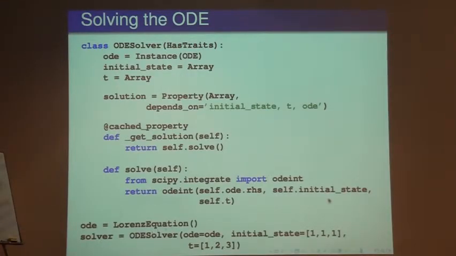So it's importing odeint and then calling odeint with the ordinary differential equation's right hand side, the initial state, and then time. Okay? And then the ODE is the Lorentz equation, solver is the ODE solver, and I can now ask solver.solution for everything that I have just done.